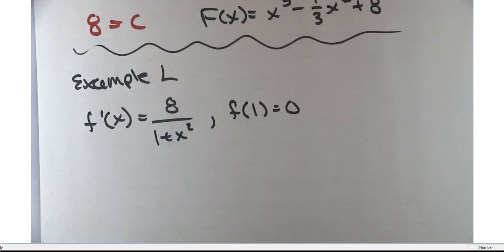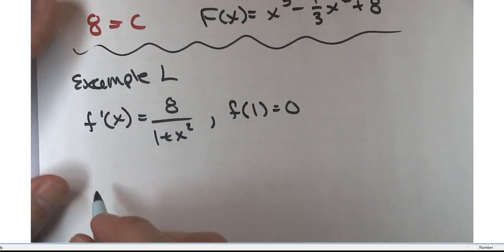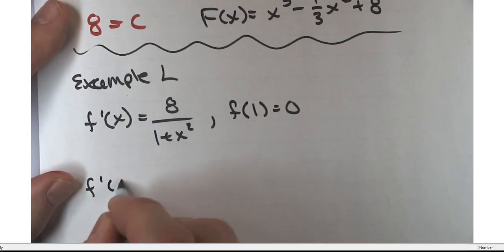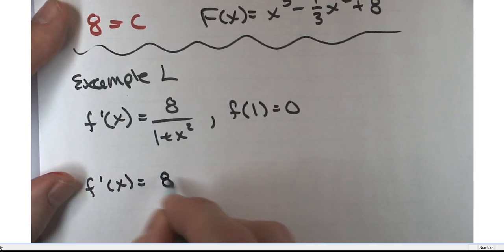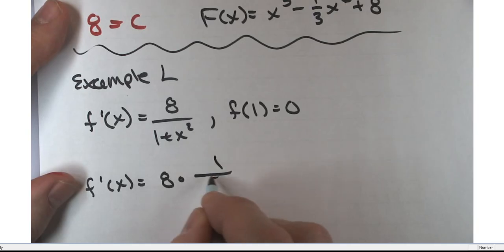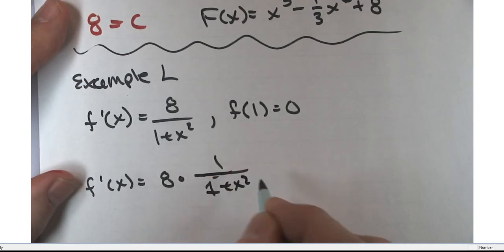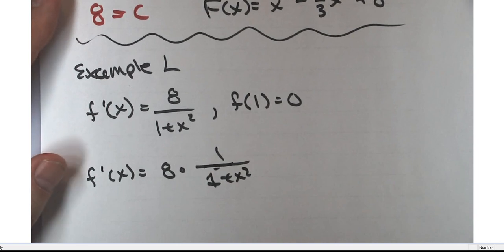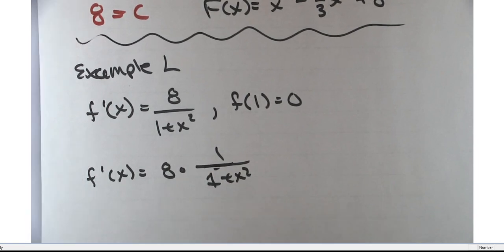Okay. It might help you a little bit to rewrite this as 8 times 1 over 1 plus x squared. In terms of finding the antiderivative, this is one of those ones that I don't expect you to know. And if you're curious about how many different rules there are, let me give you an abbreviated look.